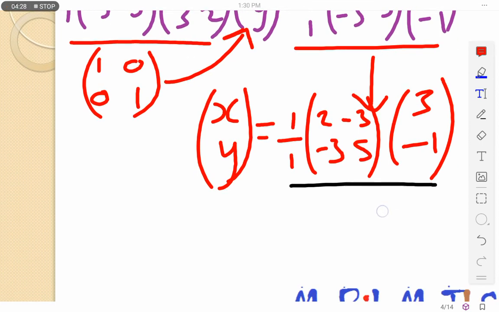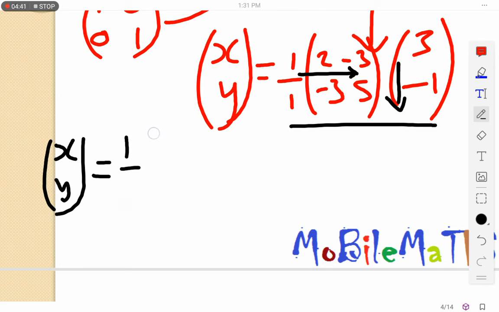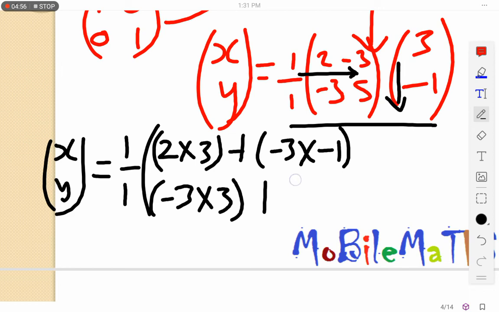When you're multiplying, we say row by column. So I have x, y is equal to 1 over 1. Row by column: 2 times 3 plus minus 3 times minus 1. Then on the bottom I've got minus 3 times 3 plus 5 times minus 1.